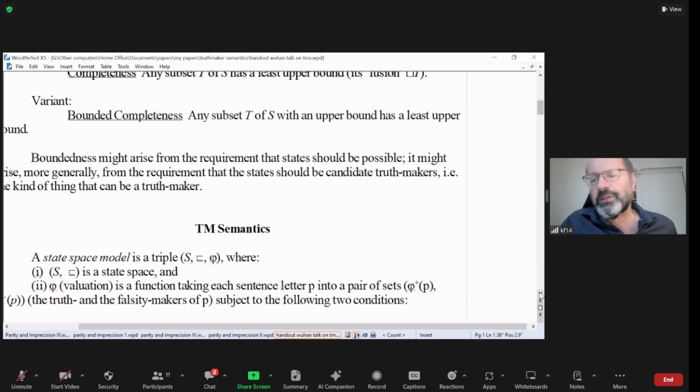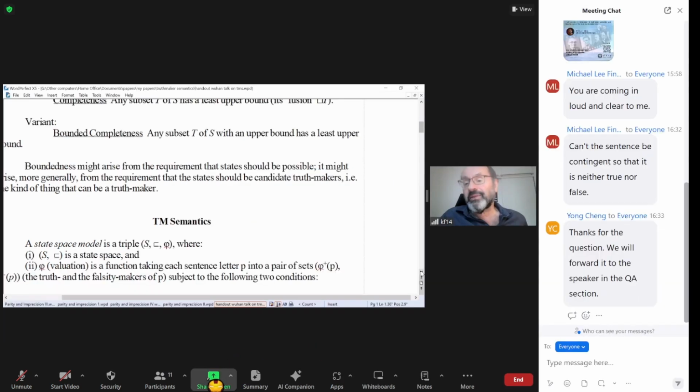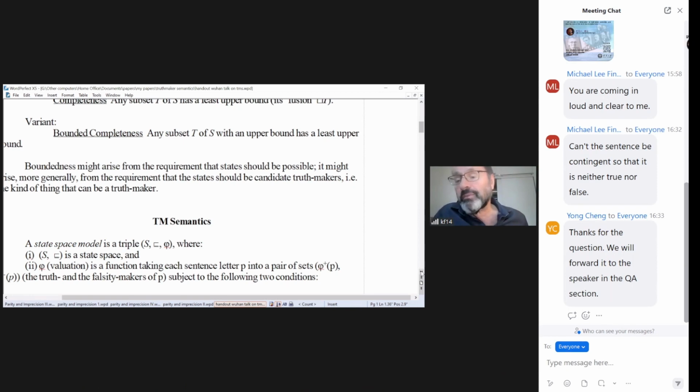And under the Kripke semantics, a state or condition makes not P true just in case any extension or state containing it fails to make P true. So we don't just say the state itself fails to make P true. We say if any state extending it or containing it as a part fails to make P true, then we can say that P is made false.